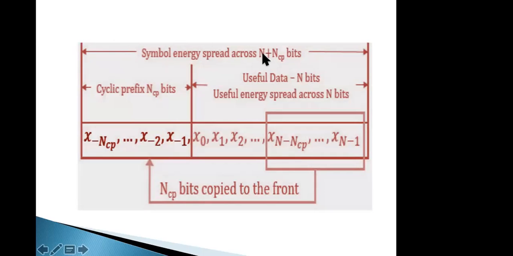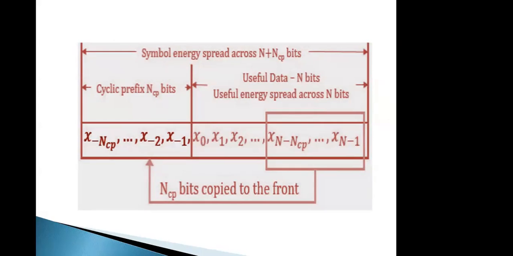We are transmitting n data streams, but we are also adding NC extra chips. These NC chips are nothing but the last values of your data stream, added at the beginning as the cyclic prefix. So this is an additional redundancy we keep at the front of the frame.